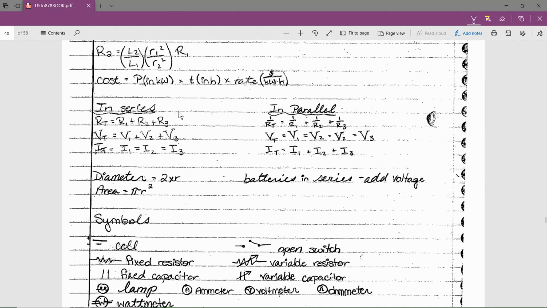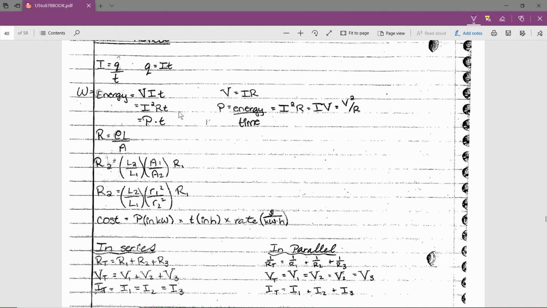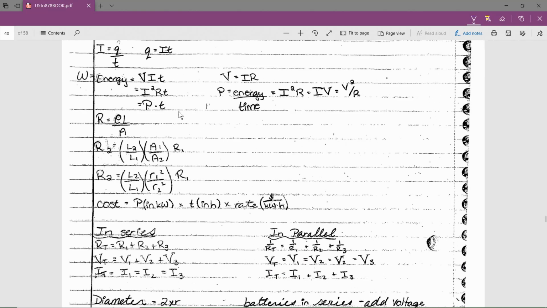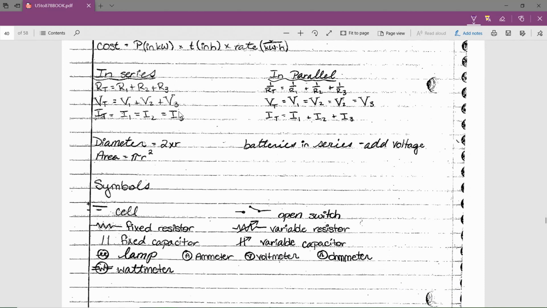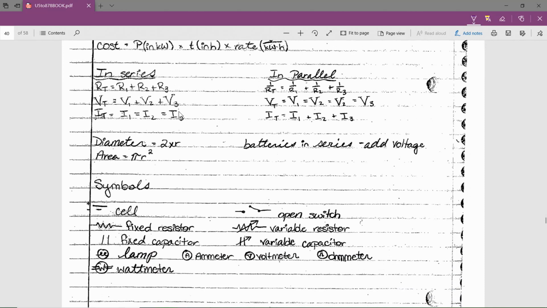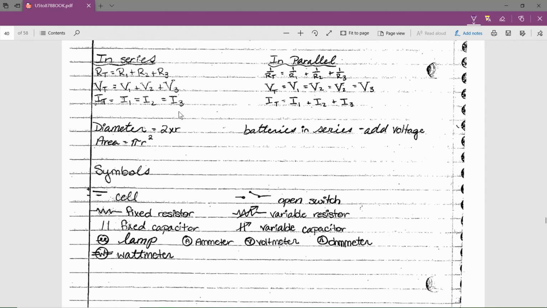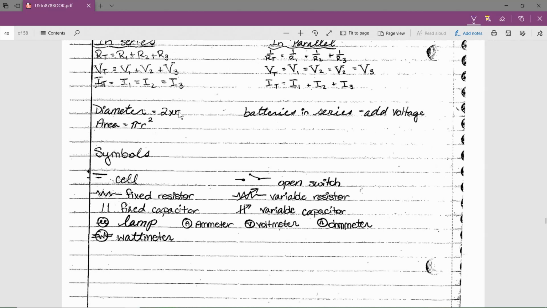Going back, we had resistors in series, and we had a set of rules for that. Resistors in parallel. Did I write V equals IR anywhere? Yeah, I did. Yeah, of course, Ohm's law, good. Diameter is 2 times R, area, cross-sectional area, pi r squared. Batteries in series, just add the voltage, we mentioned that. And here's some schematic symbols.